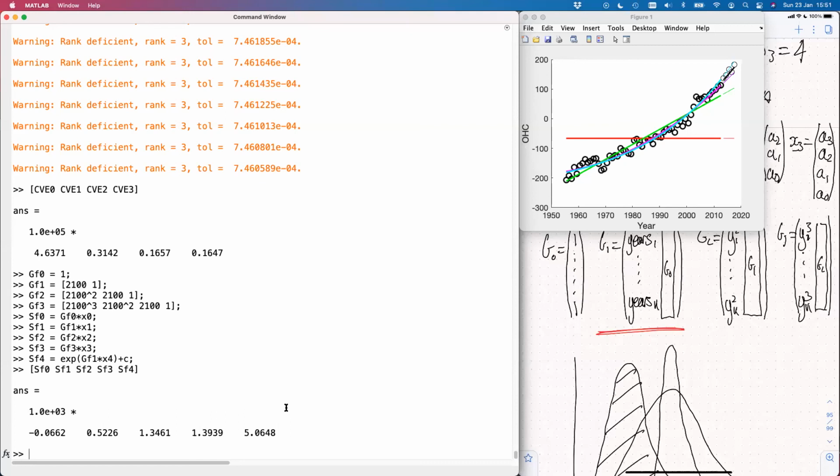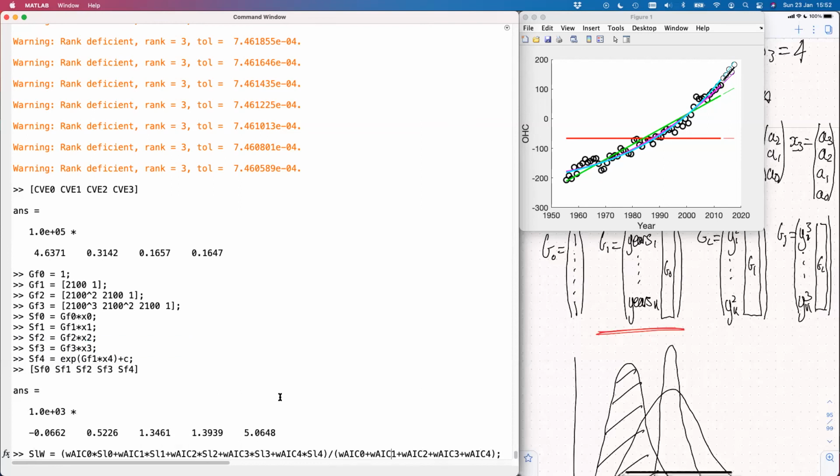And now, of course, I can compute our combined estimate from the Akaike weights. So I think I can adapt the expression that we had previously, this one here.